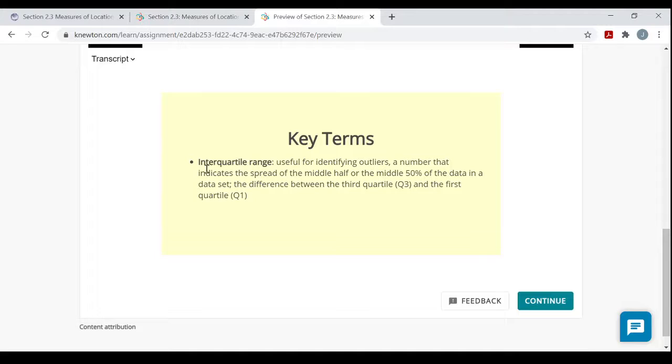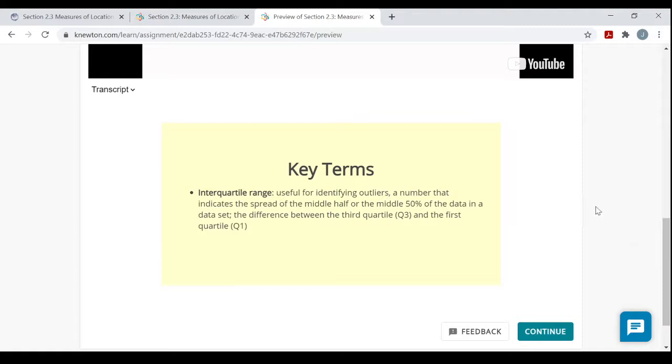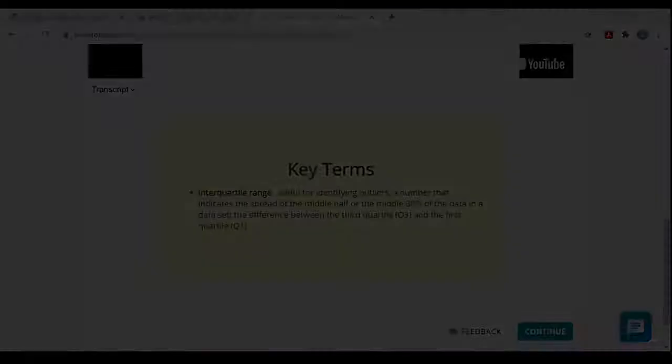The interquartile range for a set of data. It's useful for identifying outliers. A number that indicates the spread of the middle half, or the middle 50% of the data in a data set. The difference between the third quartile and the first quartile. All right. So let me show you, on a piece of paper here, how to find these quartiles.